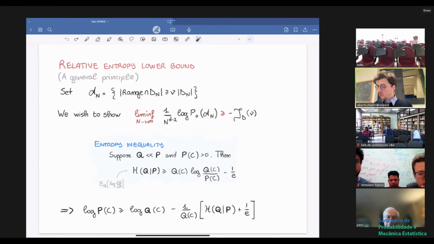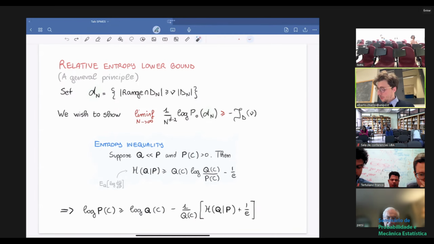And what we will use is the classical entropy inequality, which tells you that if I have a measure Q that is absolutely continuous with respect to a given reference measure P, and an event with positive probability, then the relative entropy between Q and P can be bounded from below by this nice quantity.